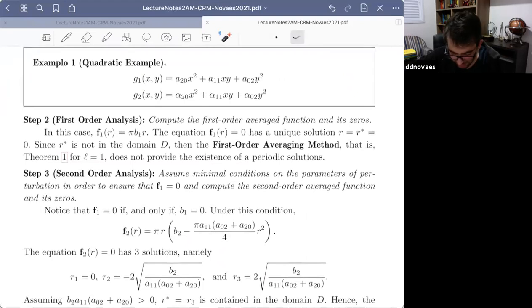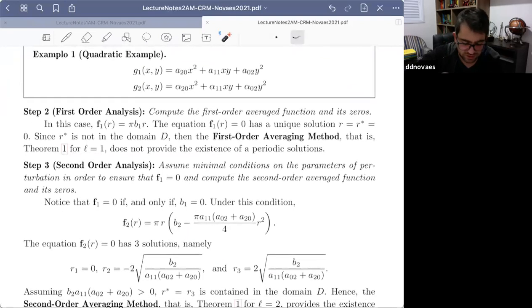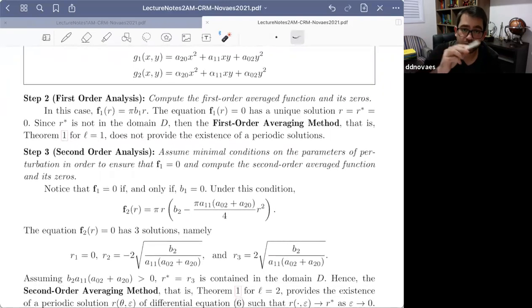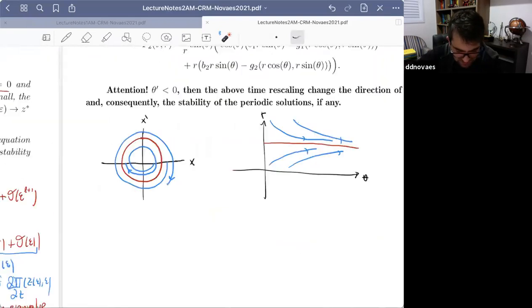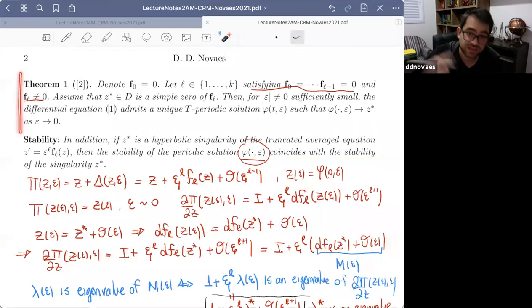Okay, so what we have to do now, the third step, is to try to apply the second order averaging method. However, in order to apply it, take into account Theorem 1: in order to use F2 to detect the periodic solutions of our difference equation, we have to ensure that all the average functions of lower order are 0.